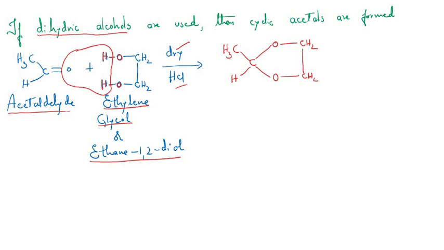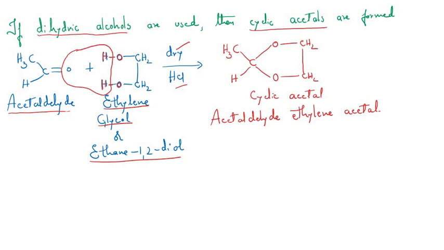Now these compounds are called cyclic acetals. Okay, so therefore I have written here cyclic acetal, right? And since it is coming from acetaldehyde, it is called acetaldehyde ethylene acetal.